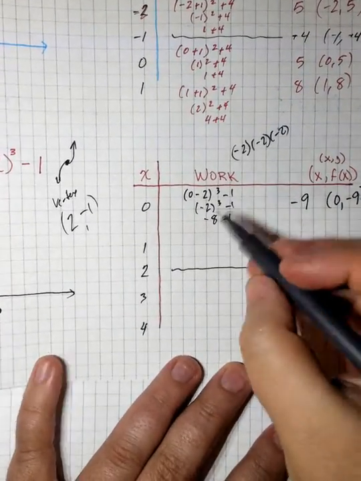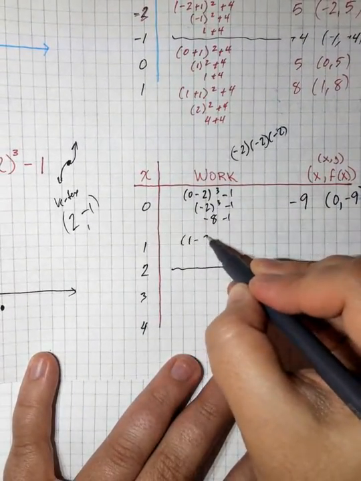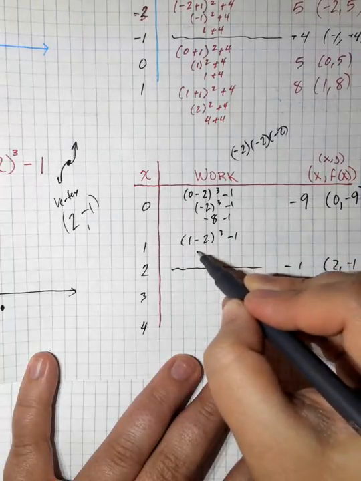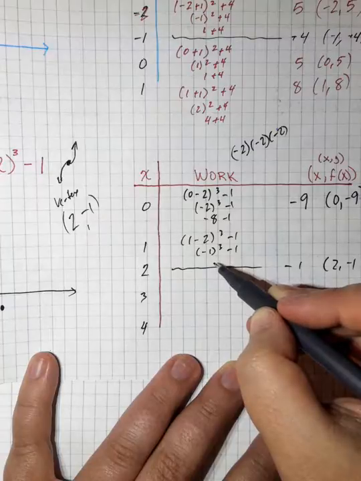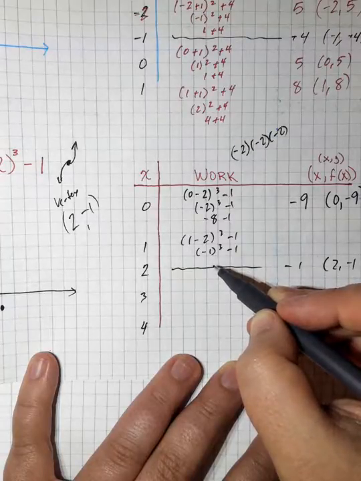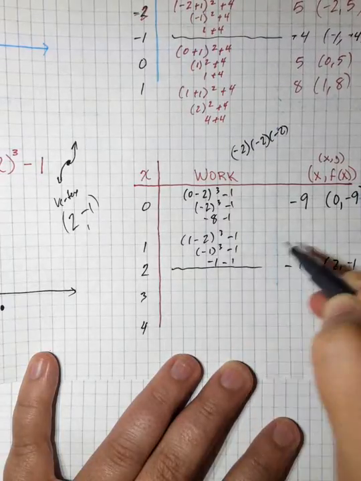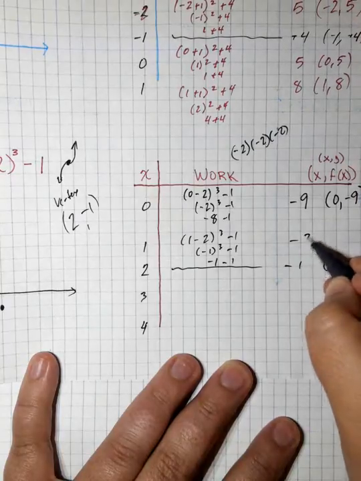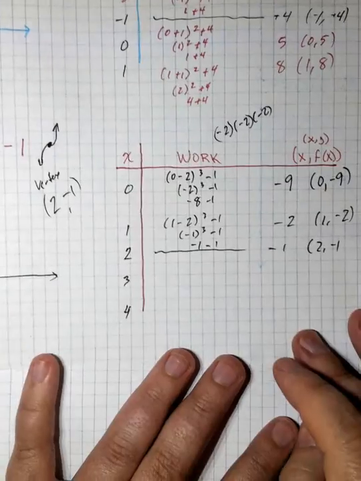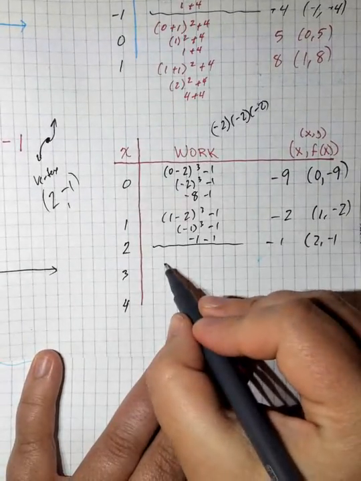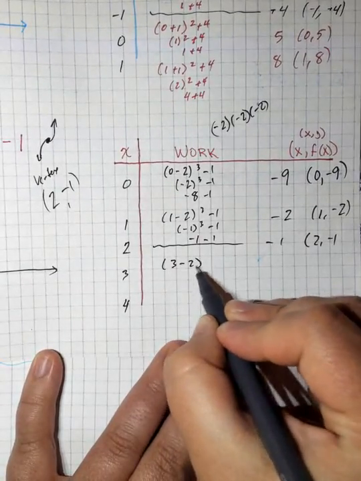Plugging in a 1, 1 minus 2, is going to be a -1. -1 cubed is going to be -1 times -1 times -1, which is a -1. Then minus 1 from that is going to be a -2. Okay. Doing my 3. 3 minus 2.